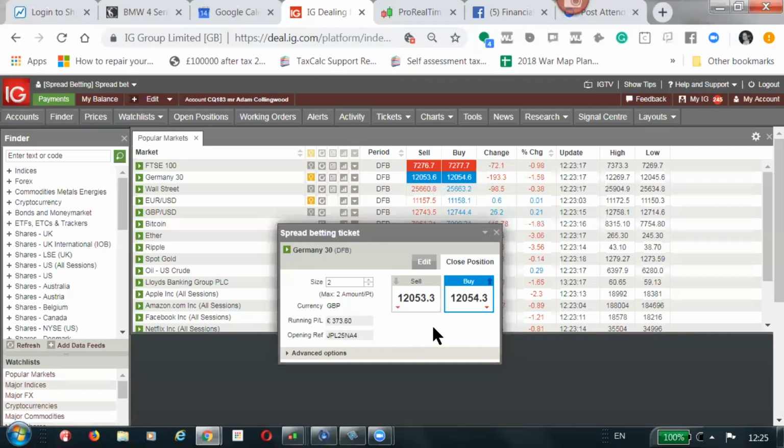Now, if you made £2 a point, if you made 370 quid, just if you're watching this in the UK, I know I've got people watching from all over the world now, but wherever you are, that's a pretty decent start to the day if you were just trading instead of working for a living.